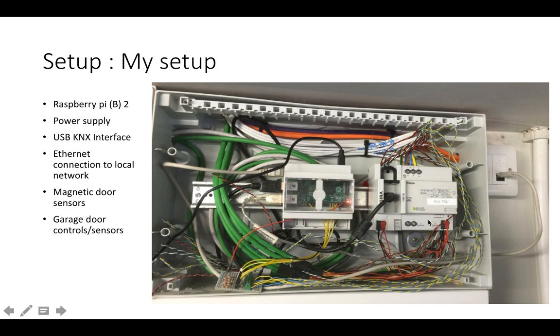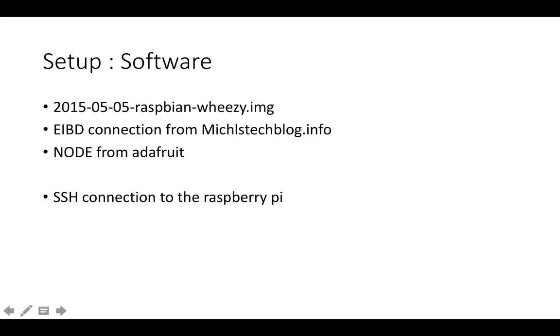The software you're going to need, I haven't checked this on multiple software platforms, so this is what I've used and this works fine. I've got a Raspberry Pi 2B, I think, and on that I've installed the 2015-05 Raspbian Wheezy.